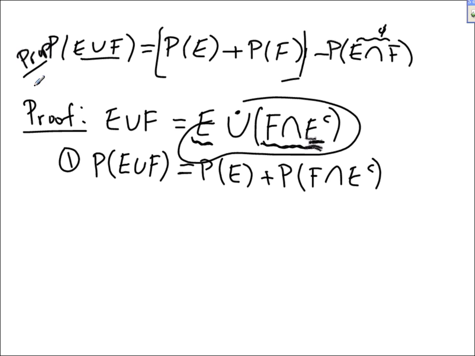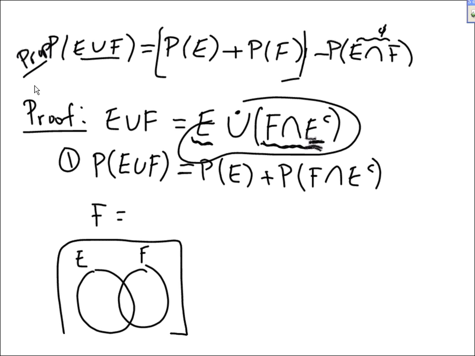Now, I want to do the same thing for F. Again, you have E, you have F, and you might have things outside of them. Well, what is F equal to? F is in two parts.